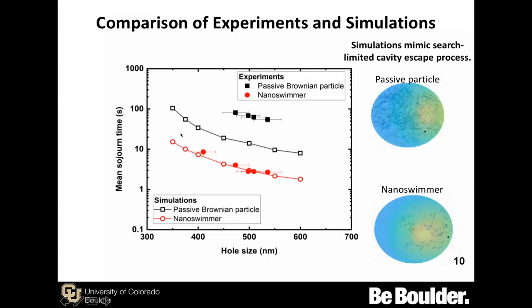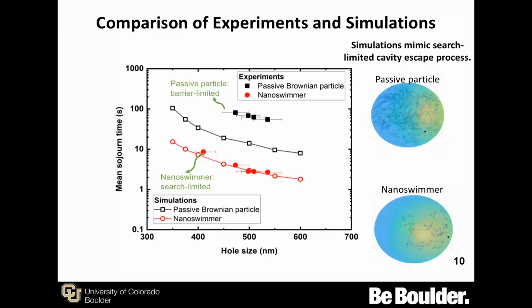We can see that the simulation points overlap with the experiment data very well, while for the passive particle, yes, we see some discrepancy. Therefore, we can see that there could be 2 escape modes. Why is the passive particle different? Because in our simulations, we do not include the energy barrier as a hole exit.